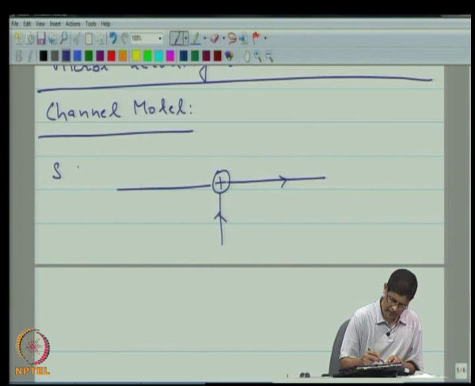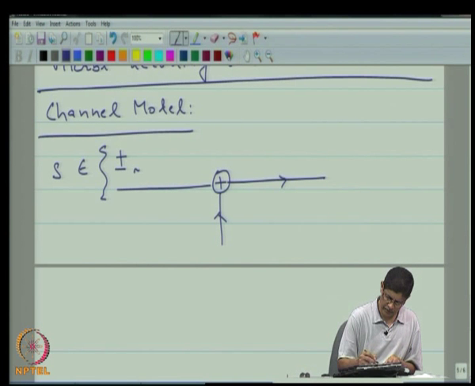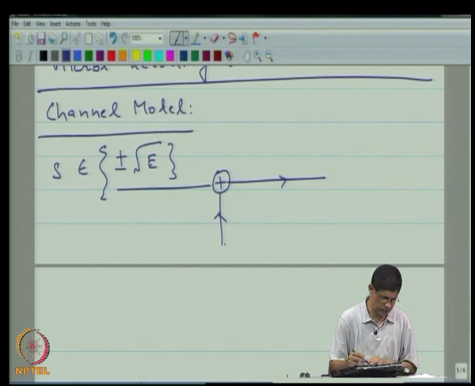The input S belongs to plus or minus the square root of E. The noise N is distributed as Gaussian with mean 0 and variance N0 by 2.